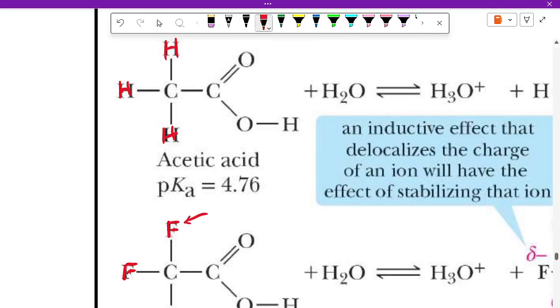F is more electronegative. So what is it good at? Pulling electrons. Pull, pull, pull, which means there's an overall directionality that way.